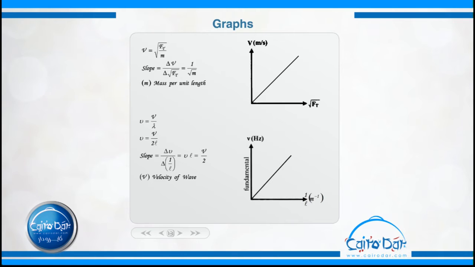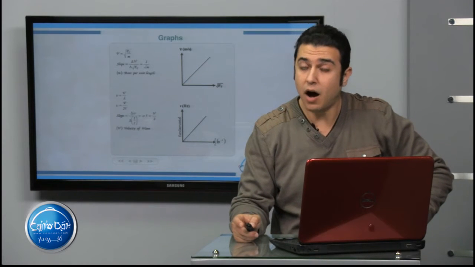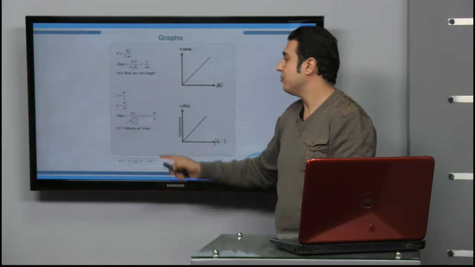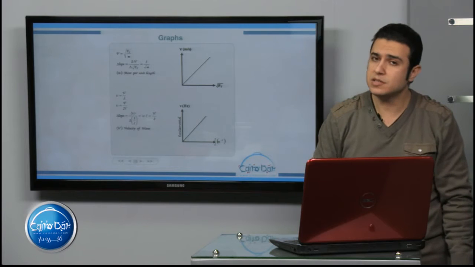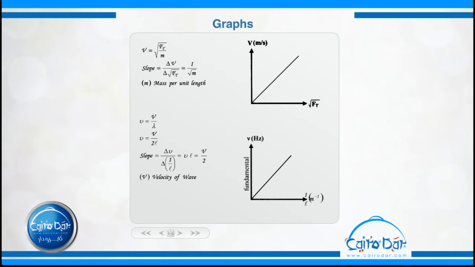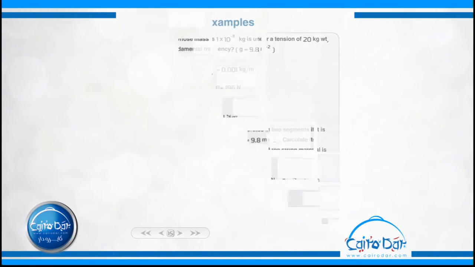So if we divide to calculate the slope, frequency divided by 1 over L, it will be nu times L. So nu times L equals v over 2, or square root of FT over m divided by 2, the half square root of FT over m, or velocity divided by 2, where v is the velocity of the wave. That's for these graphs. And now with the examples, look here.